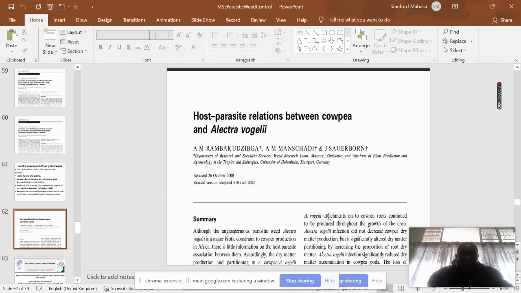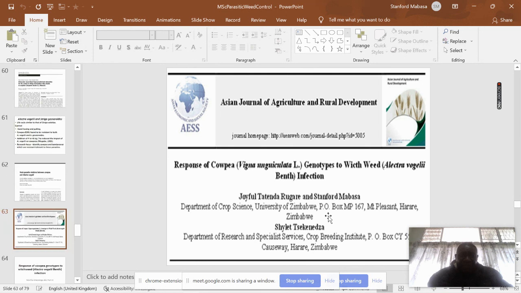There's a paper on host-parasite relations between cowpea and Alectra vogelii, which you may read because the work was done in Zimbabwe. Also, the response of cowpea genotypes to witchweed Alectra vogelii infection.